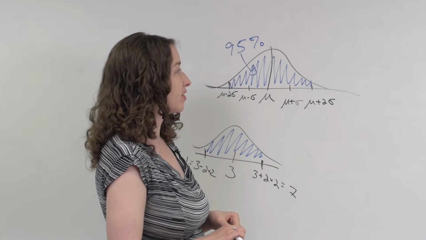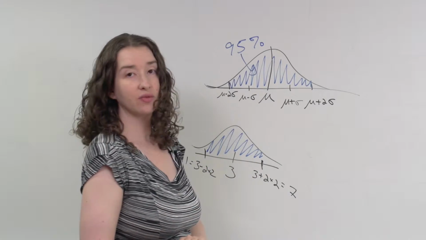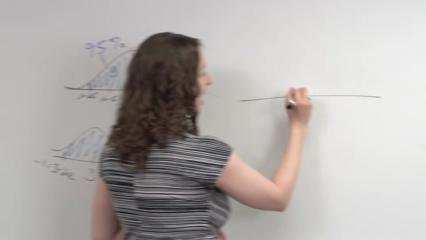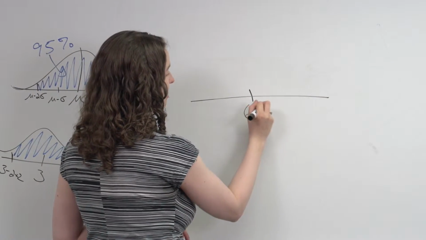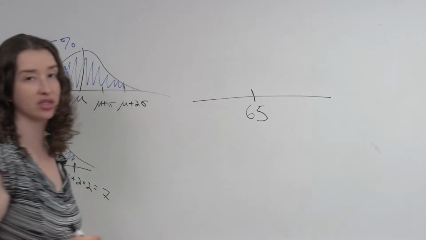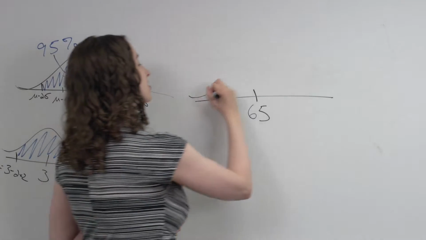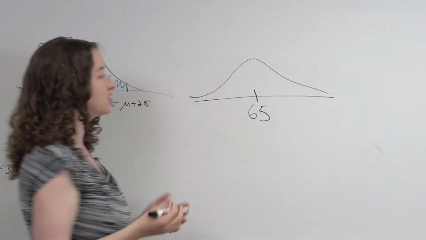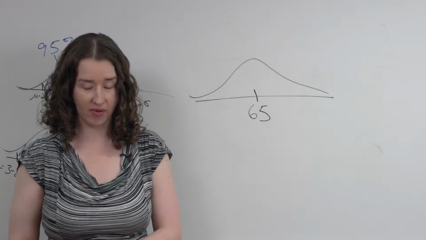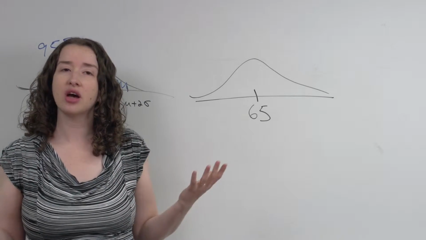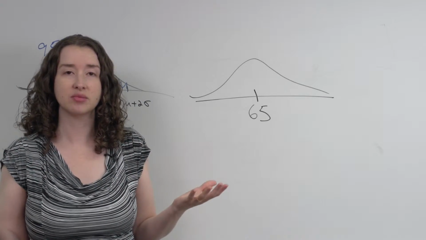So one more example of a bell curve. Suppose that I'm trying to figure out what the distribution of women's heights in the US looks like. One hypothesis I might have is that the mean of women's heights is 5'5", so 65 inches. That's one hypothesis I could have. If I want to figure out what the curve might look like, if I assume that it's normal, which is probably about right, what I need to think about is the range of heights that I think are reasonable to see, right?